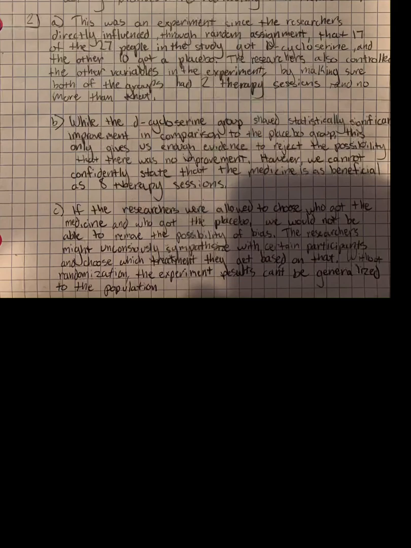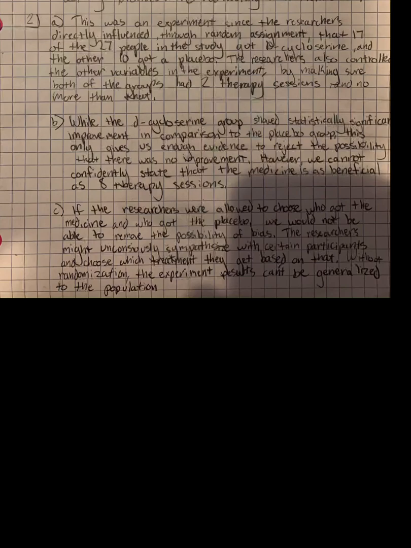However, remember how even when we fail to reject the null, that doesn't always mean the null is true. And in this instance, the question is saying that the null would be that the D-cycloserine pill was just as beneficial as the 8 therapy sessions. However, we've only gotten enough evidence to say that the D-cycloserine pill had some positive improvement on the patients taking it, but we don't have enough evidence to say that it was the same as those patients taking 8 therapy sessions.